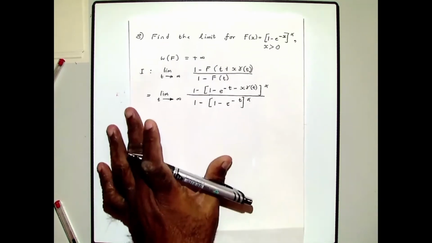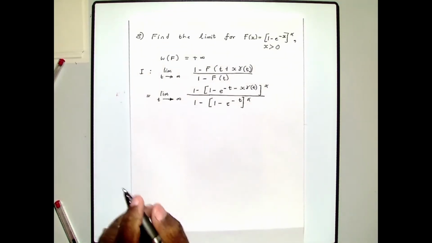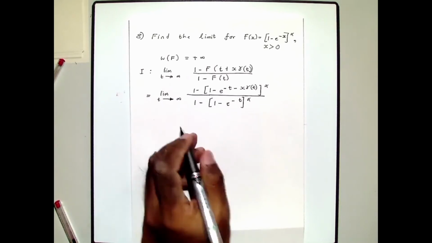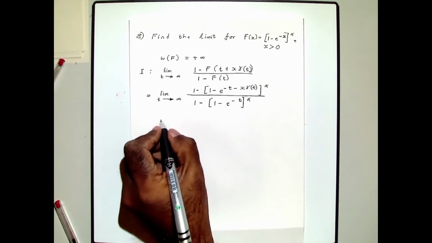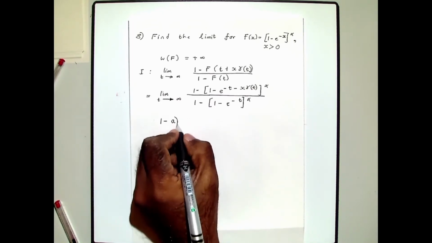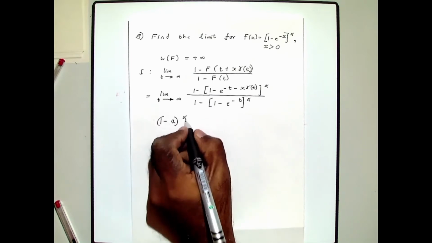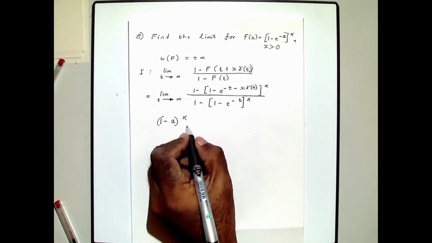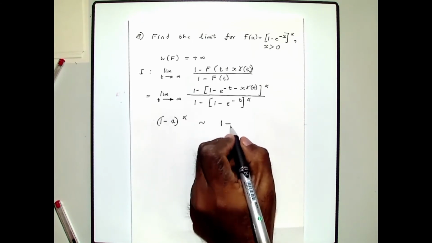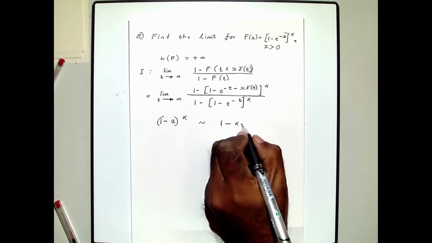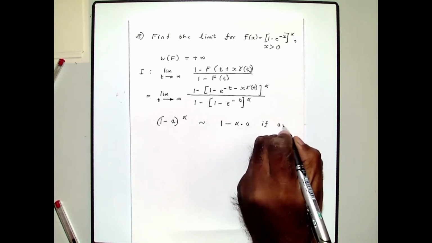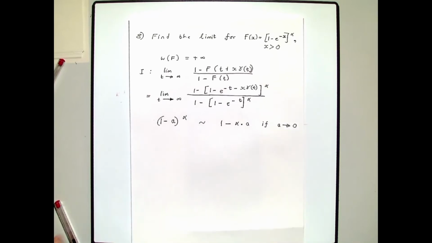Right. Now to work out this limit, we need a trick. I don't know whether you know this or not, but I will write this down. If you have something like 1 minus a to the power alpha, then this behaves as 1 minus alpha times a if a approaches 0.